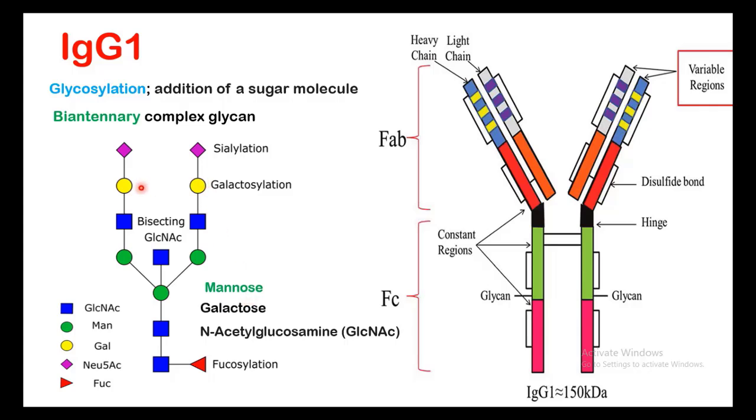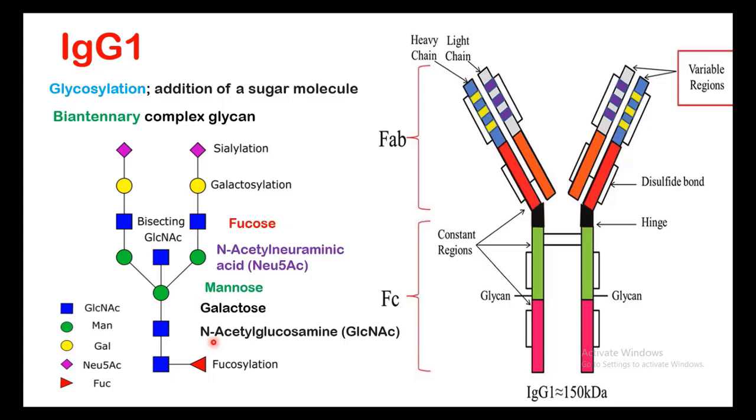These yellow balls are galactose. The purple ones, present at the end of the biantennary complex, are N-acetyl neuraminic acid. Then at this particular end, you have the fucose sugar molecule. So this is the biantennary complex glycan structure.